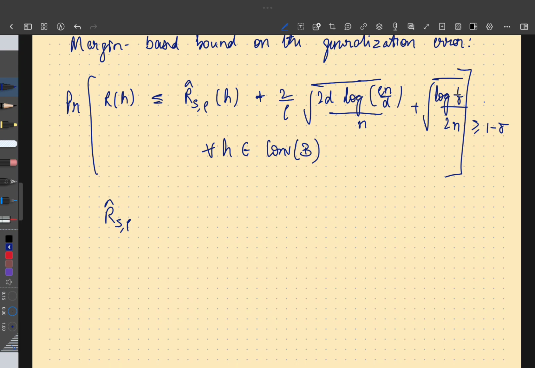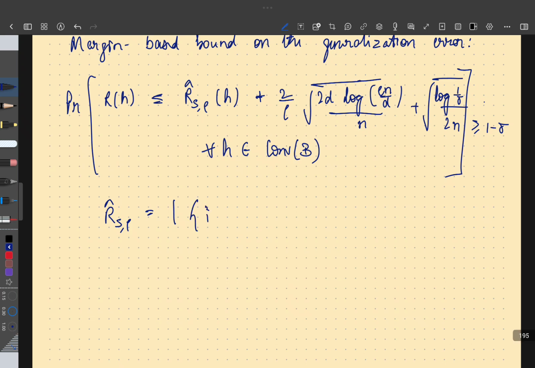Where this R hat of s comma rho is a modified version of the empirical risk, but it also takes into account the margin. So we're assuming that the margin is at least rho, margin being defined a little subtly here.